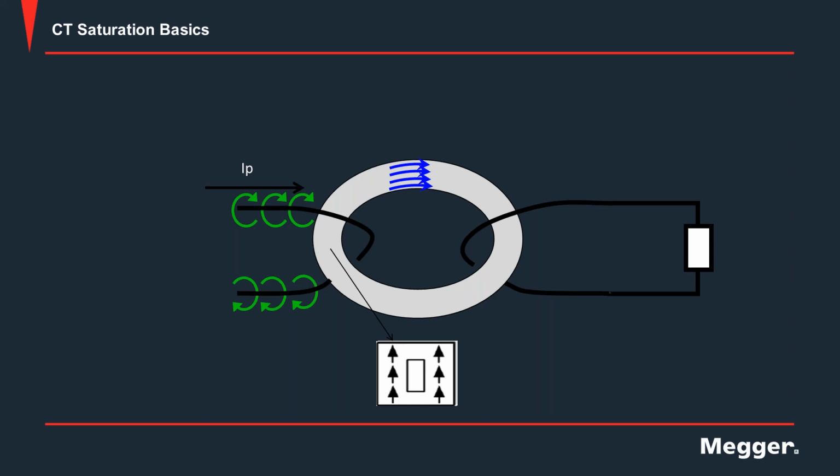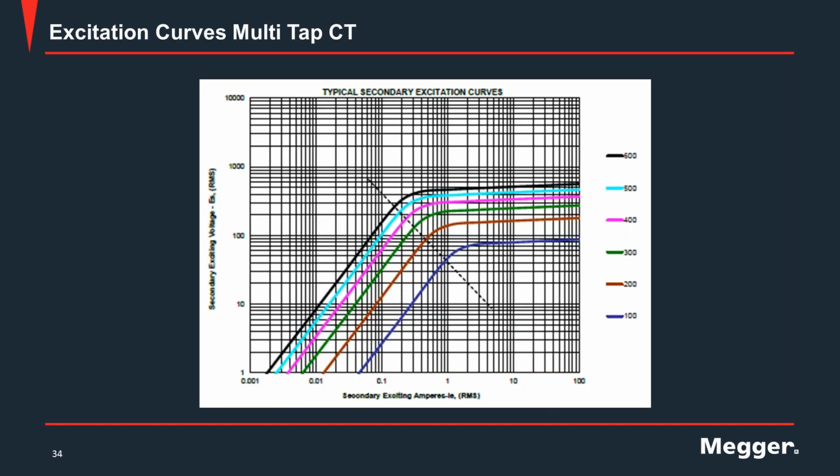No more current, or if it has a small current, then it will not be accurate anymore. So the saturation point means that is where my CT can still produce a signal that's accurate for my application. So these are the examples of the excitation curve.